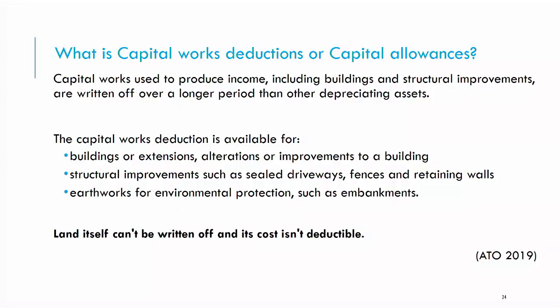The capital works deduction is available for a building or extension, alterations or improvements to a building, or structural improvements such as sealed driveways, fences or retaining walls, and earthworks for environmental protection such as embankments. Those come under capital works deductions or capital allowances. Again, land itself can't be written off as its cost isn't deductible. Land itself doesn't depreciate.